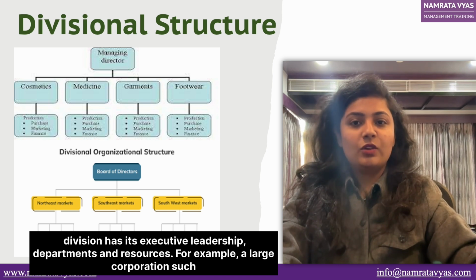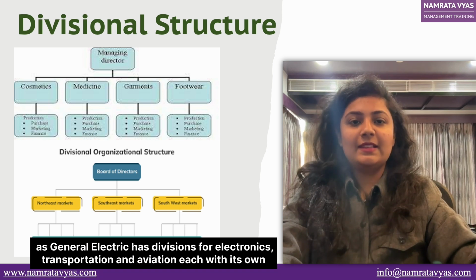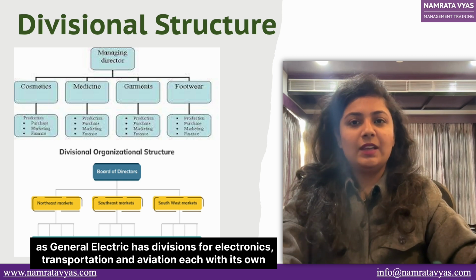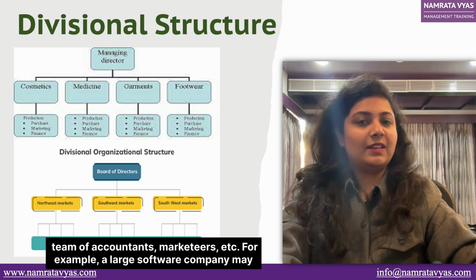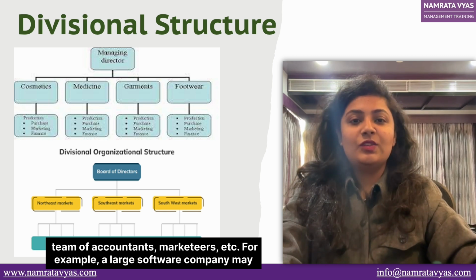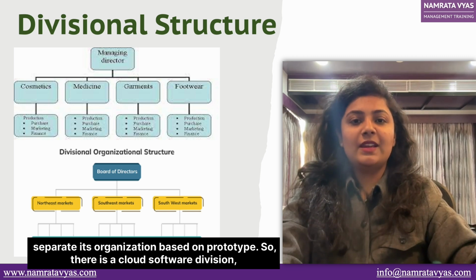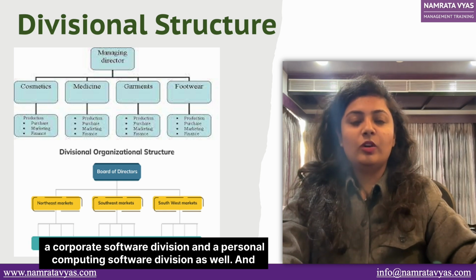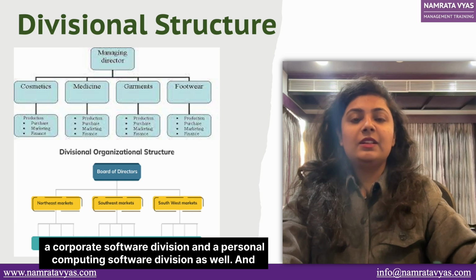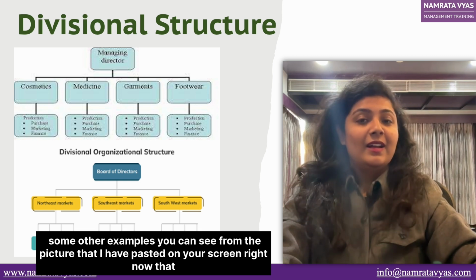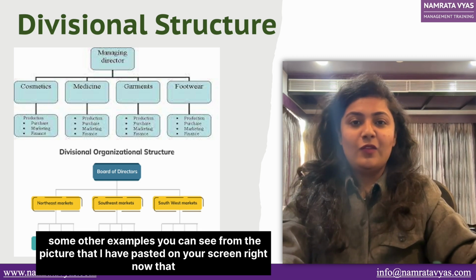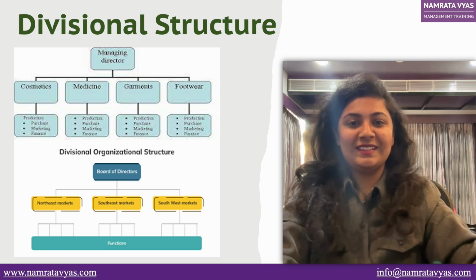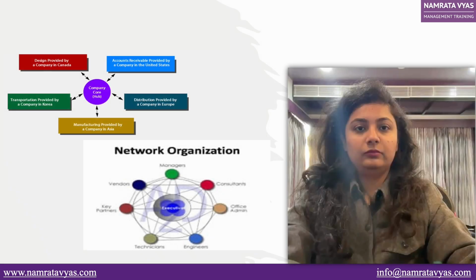For example, a large corporation such as General Electric has divisions for electronics, transportation, and aviation, each with its own team of accountants, marketers, etc. For example, a large software company may separate its organization based on products. So there's a cloud software division, a corporate software division, and a personal computing software division as well. And some other examples you can see from the picture that I've pasted on your screen right now.